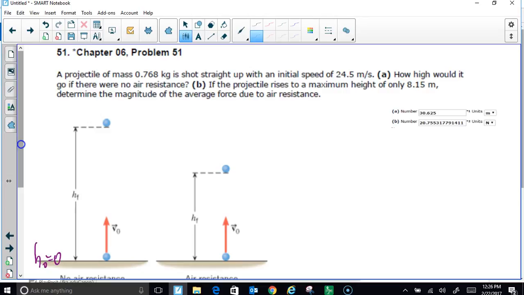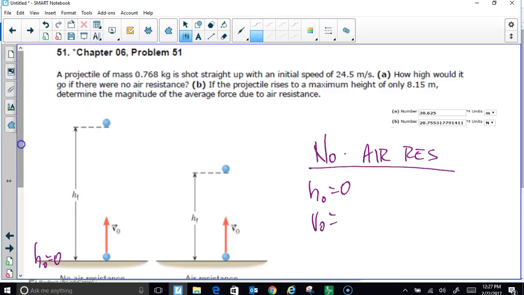So we'll do this whole thing in this purplish color, and we will call it no air resistance. So in that circumstance, the initial height is 0. The initial velocity they give us is 24.5 meters per second. Of course, the mass of this thing is 0.768 kilograms.